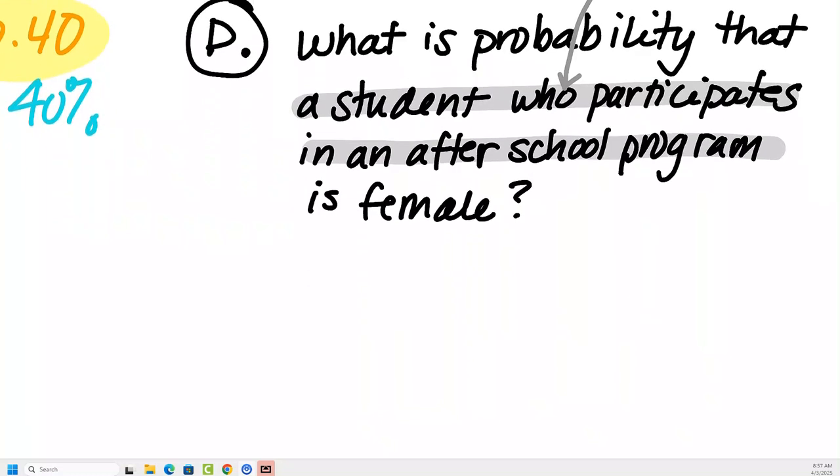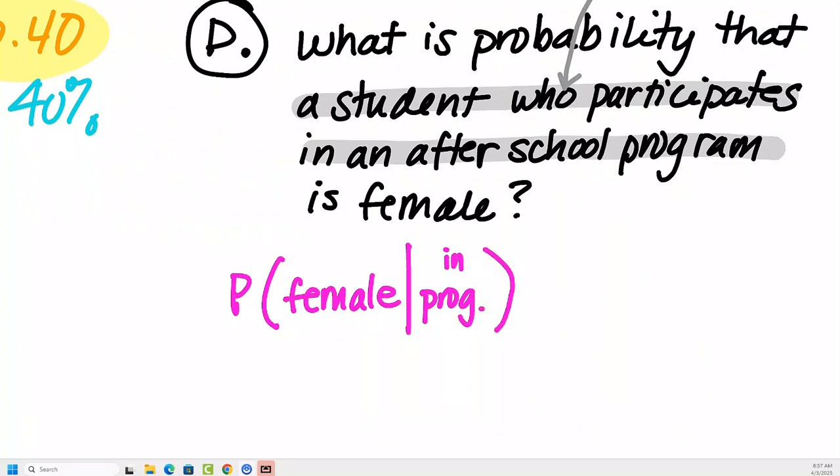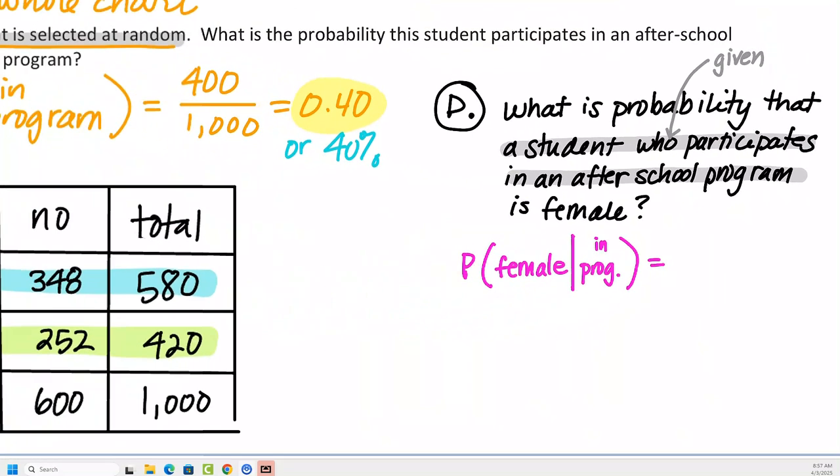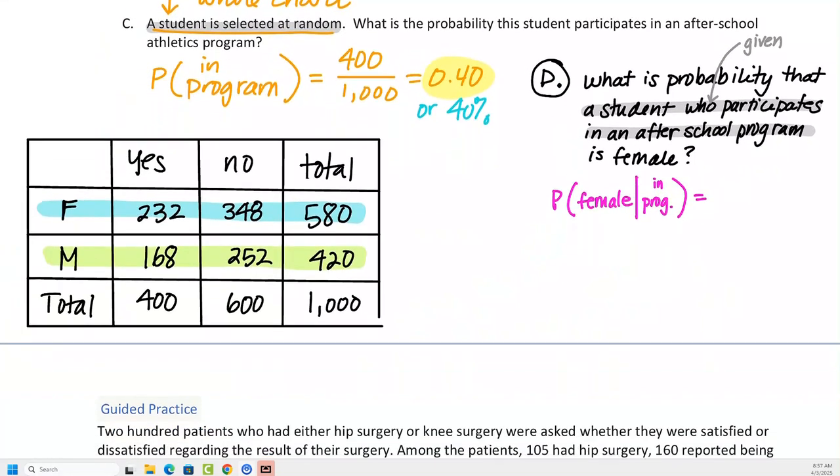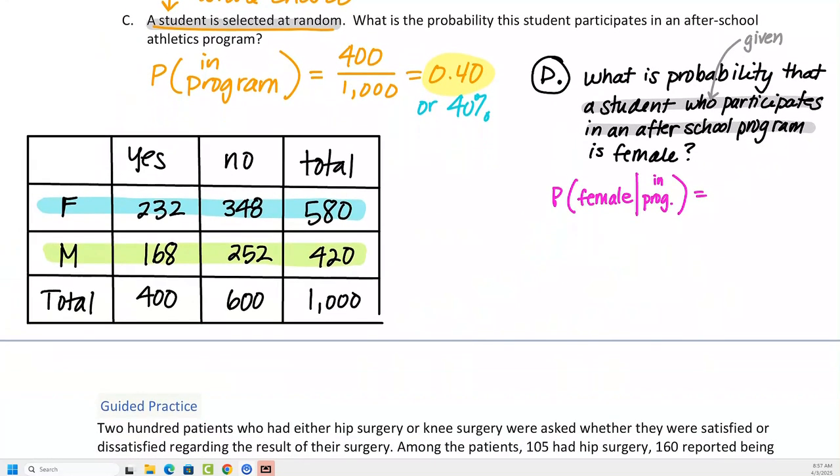Okay, I'm going to do this one here in pink, right? We're looking to see if they are female. So the probability that you have a female, given that they're in an after-school program. So let me get over here and look at our chart. If it's given that they're in an after-school program, then aren't we going to be looking just at this column here this time? Do you see that?